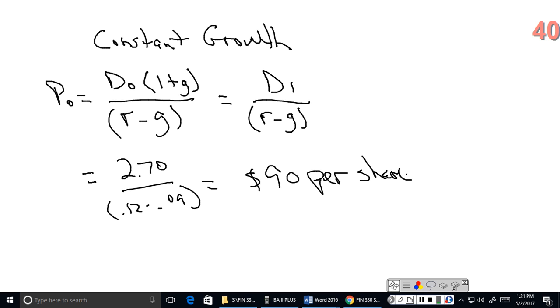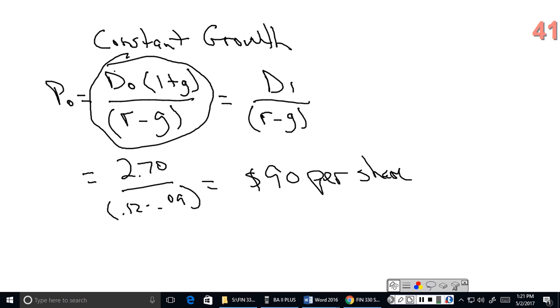Okay, so any questions about this? Now, if the question would have read, whatever the name of the company is, it doesn't have a name, but it recently paid a dividend of $2.70 per share. If it's just been paid, then that would be D0, so you would actually be using this part of the model.